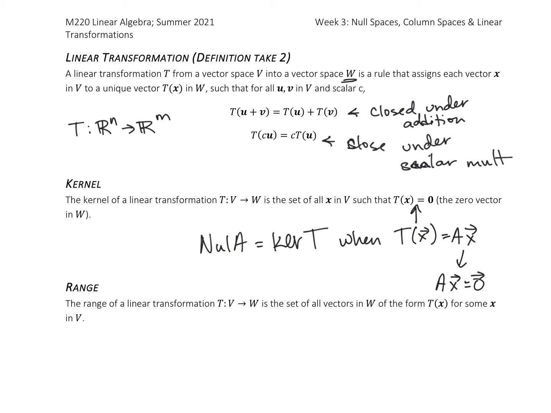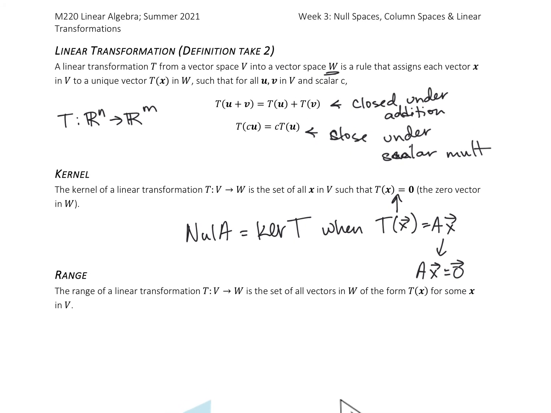Ta-da! The range of the linear transformation is the set of all vectors of the form T of x for some x in V. So again, we're solving for what makes it true.